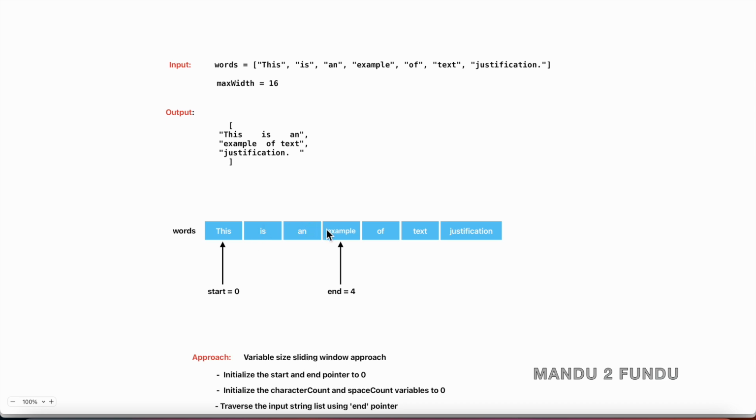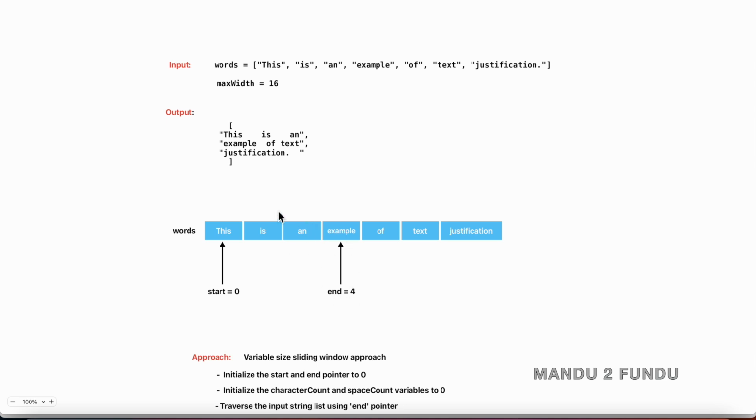In the case where the line length is greater than the max width after including the example, what we have to do is exclude this word and form a justified line with the words present from index start up until index n minus 1, not end.